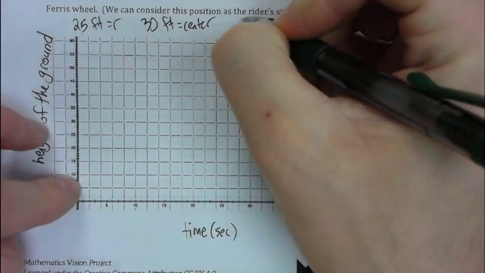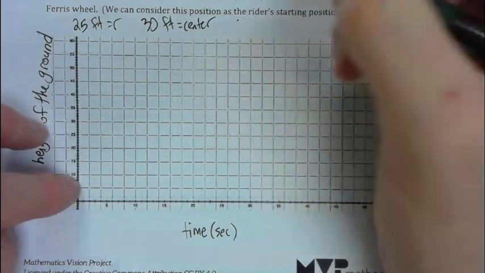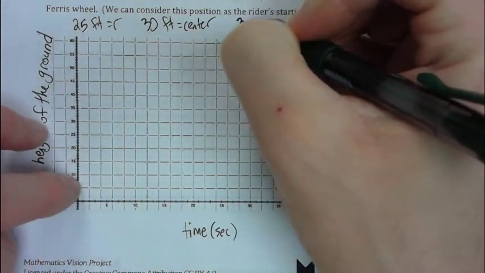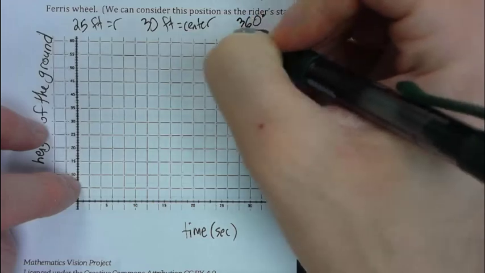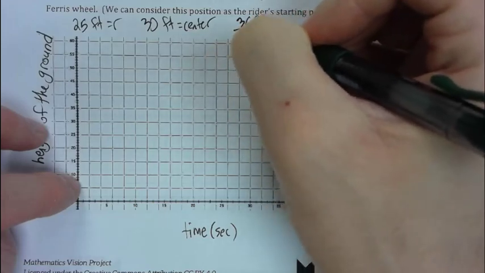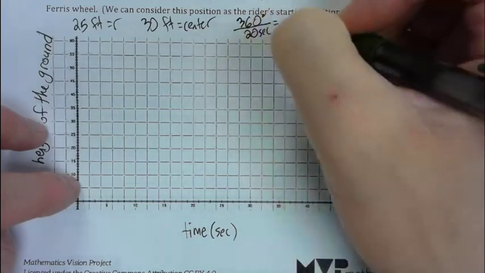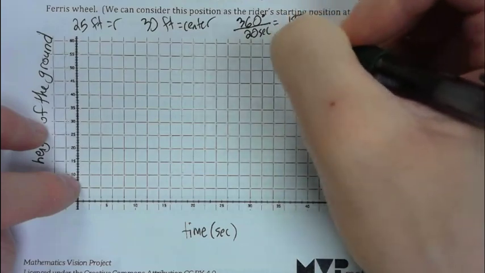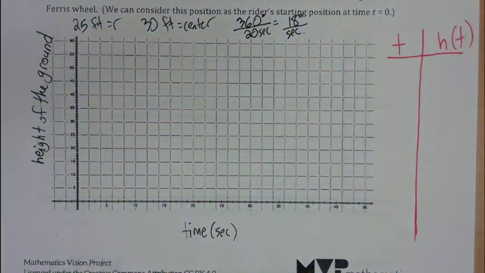So if we wanted to figure out how many degrees per second, we would do our full 360 degrees divided by 20 seconds, and we have 18 degrees per second. This is all consistent with what we've worked on in our Ferris wheel work so far this chapter.